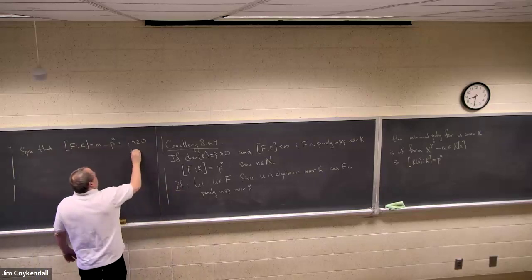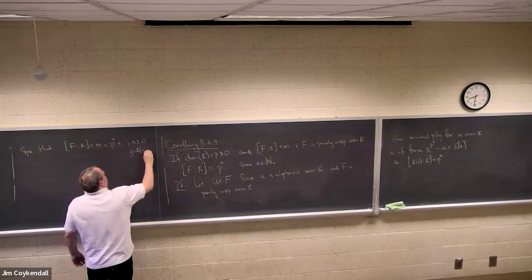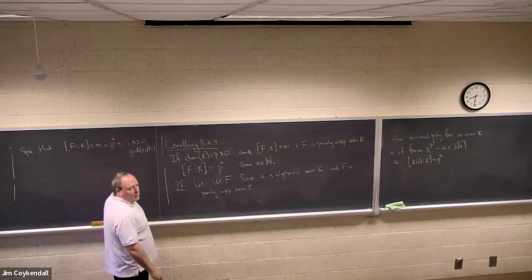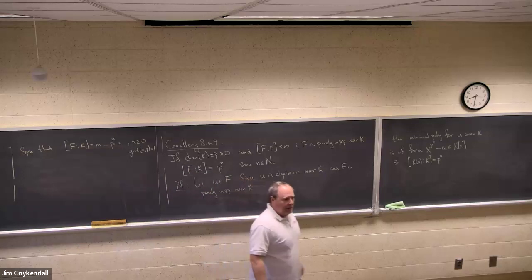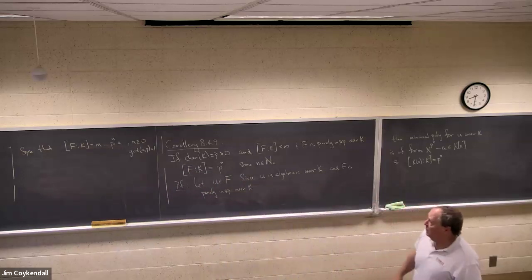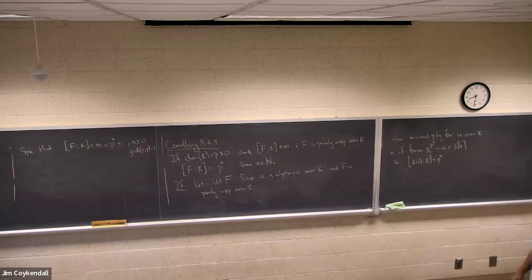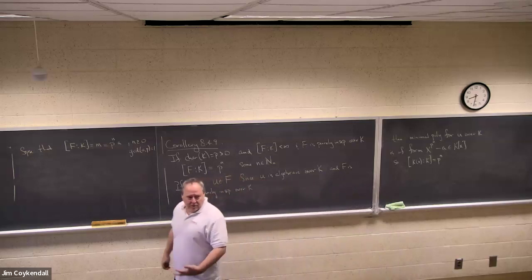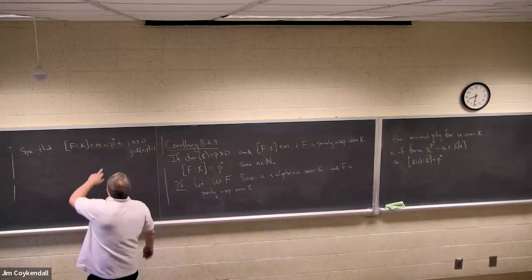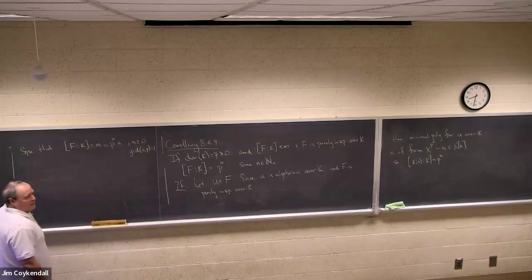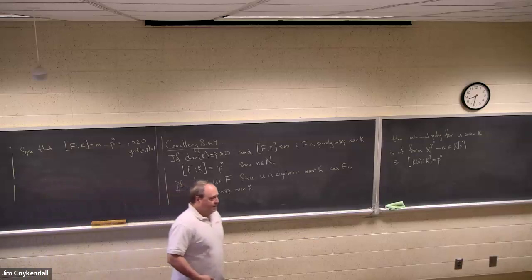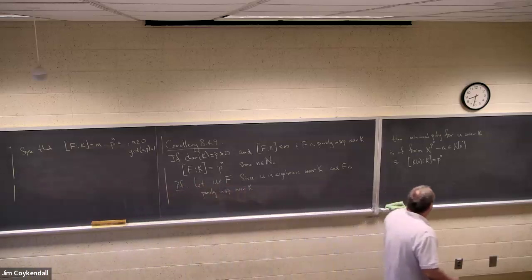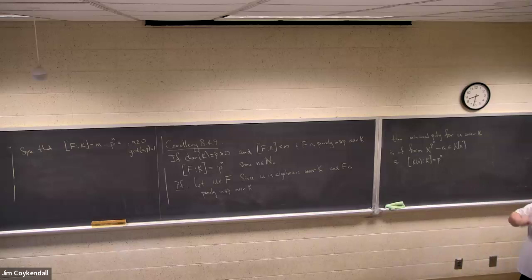So GCD, A1. Of course, let me point out that n could be 0 because we could have the trivial extension. We could have F and K. I don't think there's anything in the statement of my corollary that excludes this. And again, we're in this wrestling match to show that A is not 0, right? Or I'm sorry, show that A is 1 is what we show. So how do we do this?